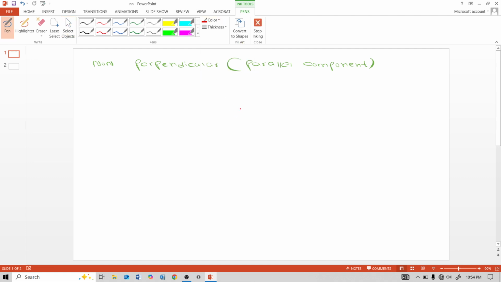For that, we will consider this point A, and at this point A, force F is acting, and we will resolve this force F into parallel components. Here, at line 1-1 we will resolve this force as F1, and at line 2-2 we will resolve this force as F2.